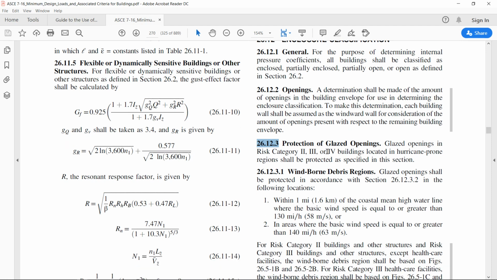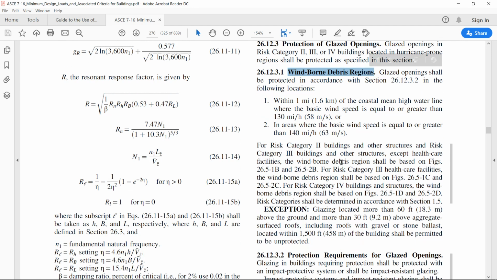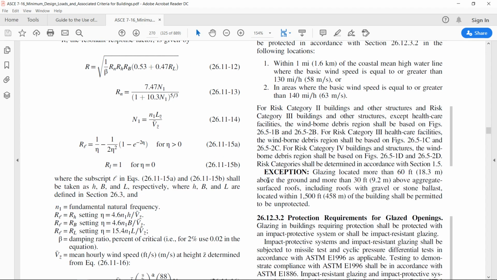Now this is our concern, and here in 26.12.3.1 it is the wind-borne debris region. So here there is a specific condition. It says that the glazed openings shall be protected in accordance with section 26.12.3.2 in the following locations. So these locations are there, but then there is an exception.